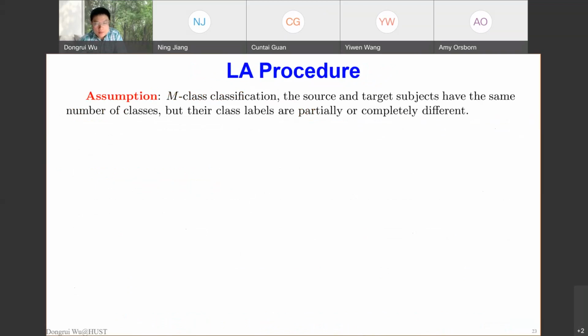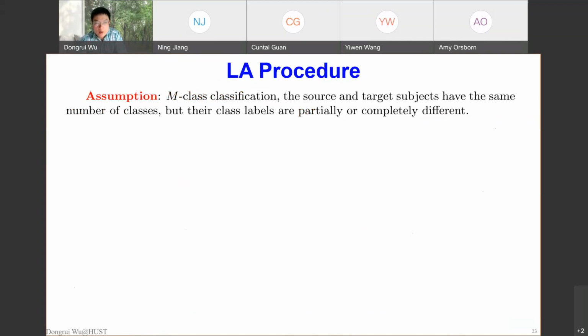Next, I'm going to briefly introduce the label alignment procedure. We assume that this is an M-class classification problem, and the source and the target subjects have the same number of classes, but their class labels are partially or completely different.